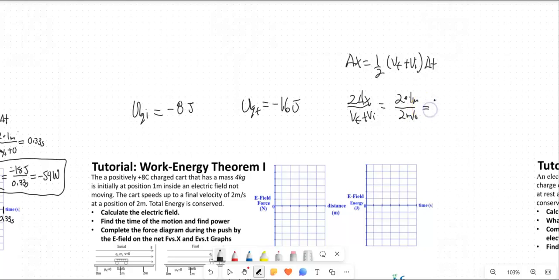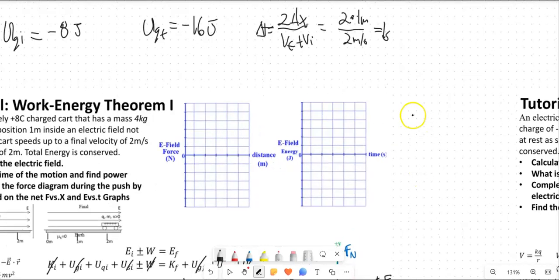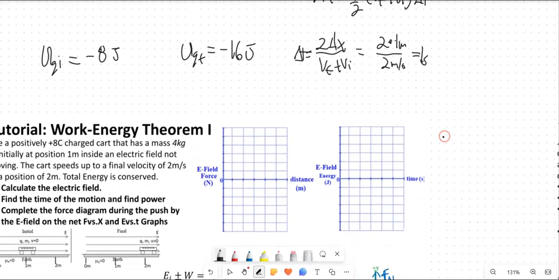So this time is going to work out to be 1 second. So its energy is changing from -8 joules to -16 joules. So the electric field's loss of energy is over the period of 1 second. So it starts here and ends right here. Okay?